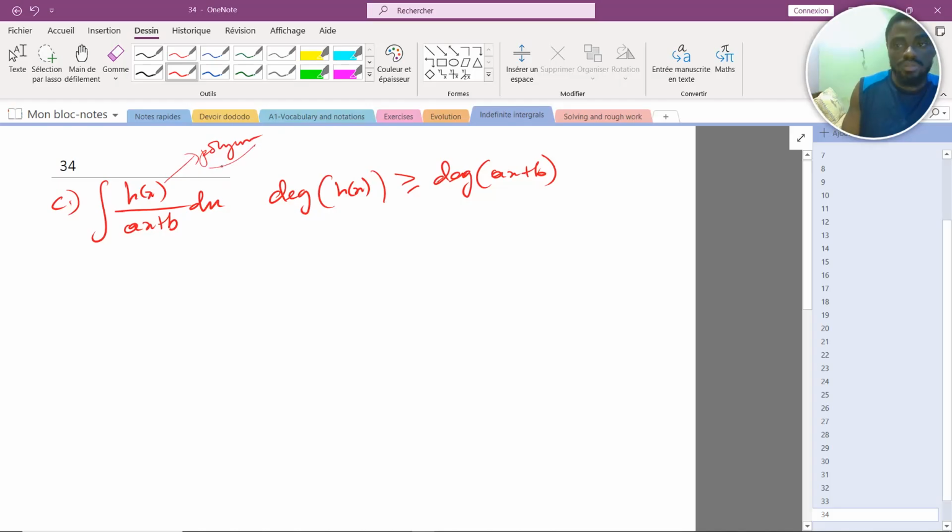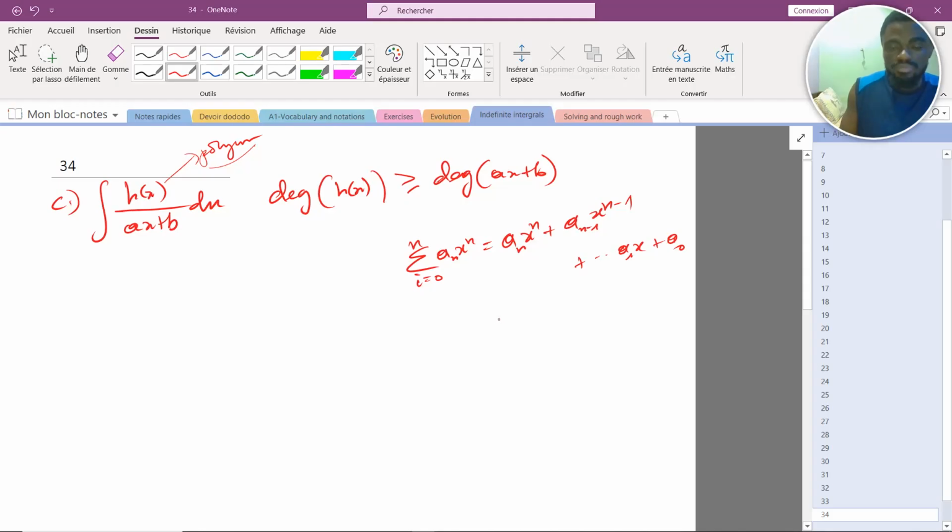A polynomial is any function of the form the sum of i going from 0 to n of a_i x to the i, that is simply a_n x to the n plus a_(n-1) x to the (n-1) plus dot dot dot a_1 x plus a_0, anything of this form.